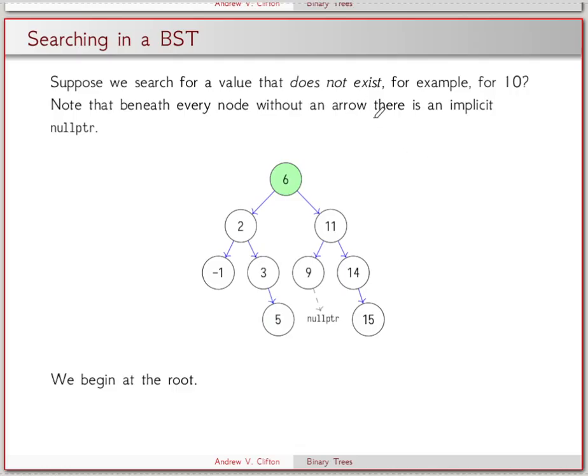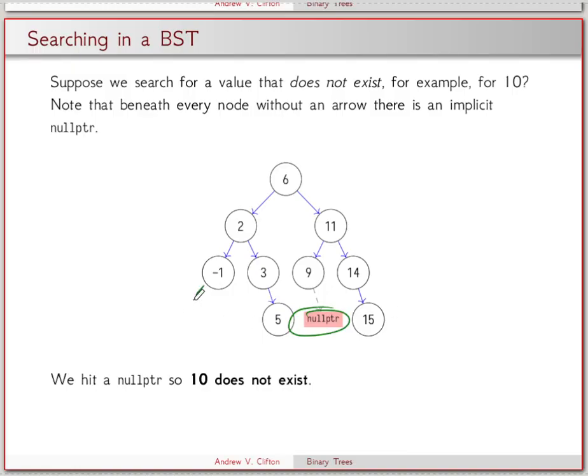Now, what if we look for something that doesn't exist? For example, there's no 10 in this tree. Let's look for 10 here. Again, we start at the root, and 10 is greater than 6, so I'm going to go to the right. Now I'm at 11. 10 is less than 11, so I'm going to go to the left. Now I'm at 9. 10 is greater than 9, so I'm going to go to the right. And then that drops me into the null pointer that is 9's right child.